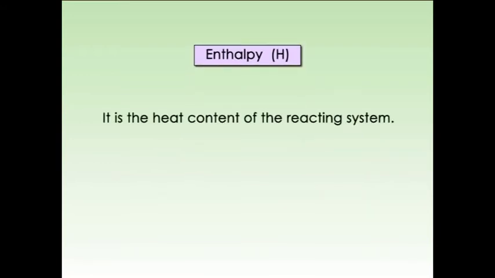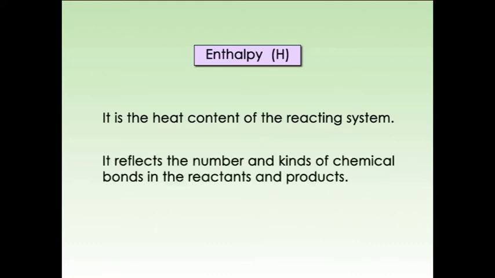Now let's discuss the second term, enthalpy, which is denoted by the letter H. Enthalpy is the heat content of the reacting system. It reflects the number and kinds of chemical bonds in the reactants and products.